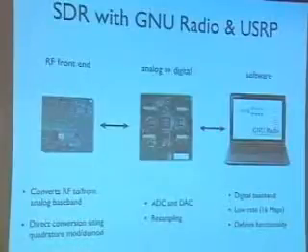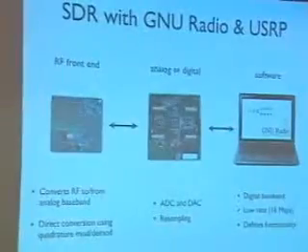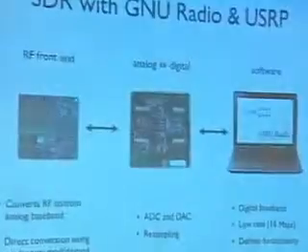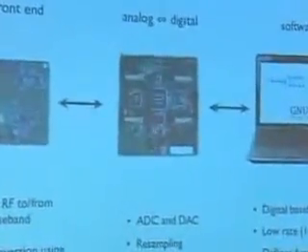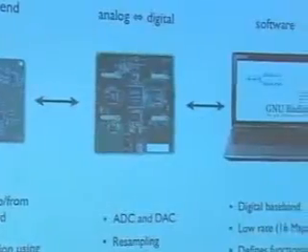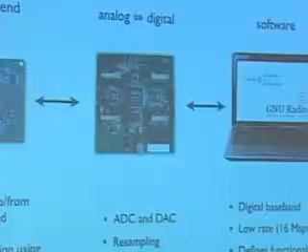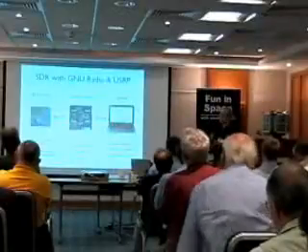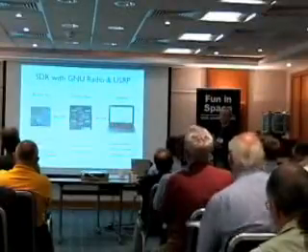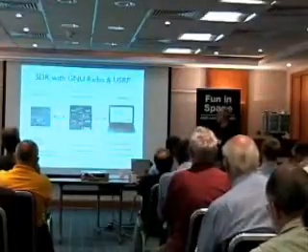In the middle is what is called the Universal Software Radio Peripheral, acronym USRP. It does much of the work in terms of converting between the analog and the digital domain. That's where the high-performance work is done. It also does a lot of resampling, because the ADCs and the DACs are usually running at a very high frequency that our computers are not able to process.